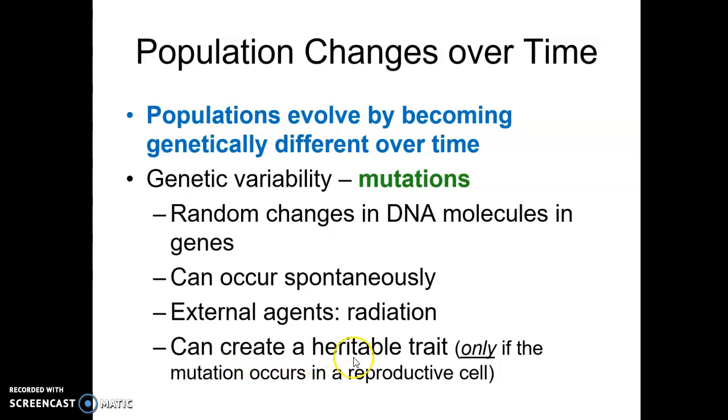It can create a heritable trait only if the mutation occurs in a reproductive cell. So if you had a bird, and let's take that green bird, and it has a genetic mutation of its actual feather to blue, that would not be passed on to its offspring, only if the mutation occurs in a reproductive cell.